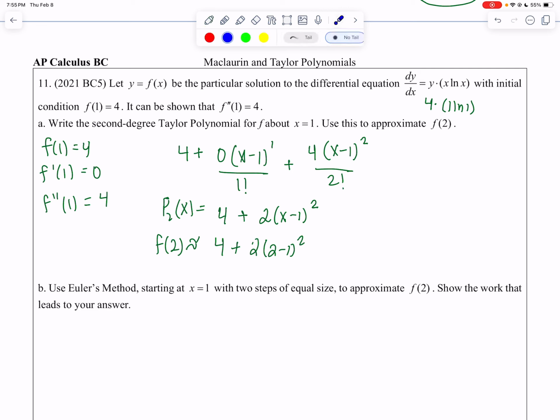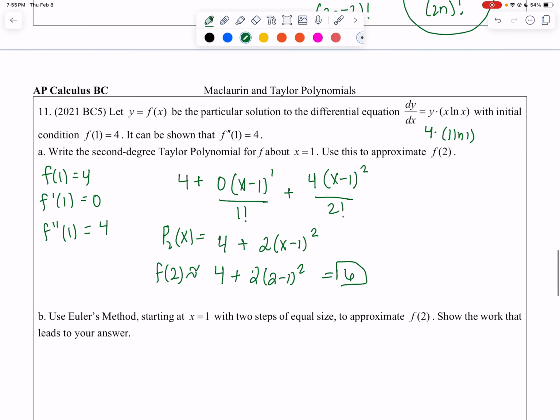So 2 minus 1 is 1. 1 squared is just 1. So I have 4 plus 2, or 6. So that's my approximation. The first point is going to be the Taylor polynomial. The second point is going to be the approximation.